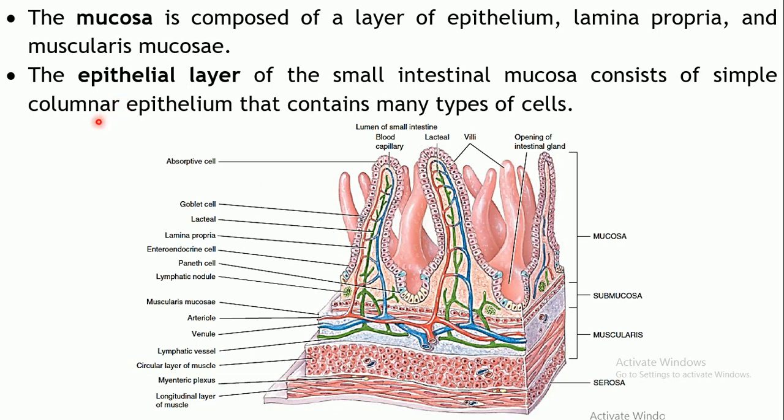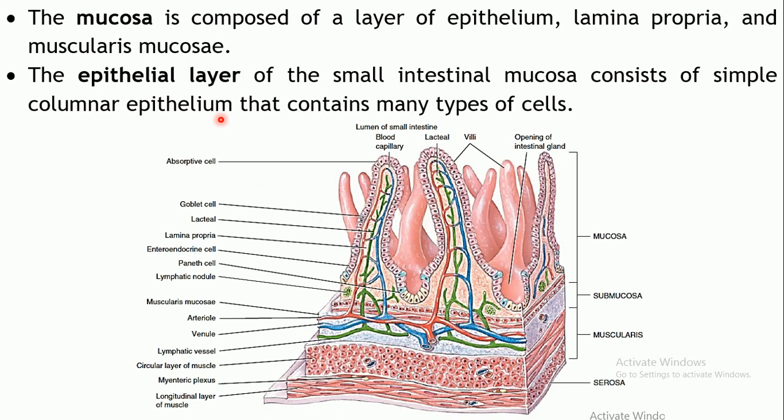Coming to the first layer, that is the epithelial layer of the small intestine. It will comprise of simple columnar epithelium. Remember, the types of epithelial cells will vary depending upon the part of the GI tract, because the functions are different.